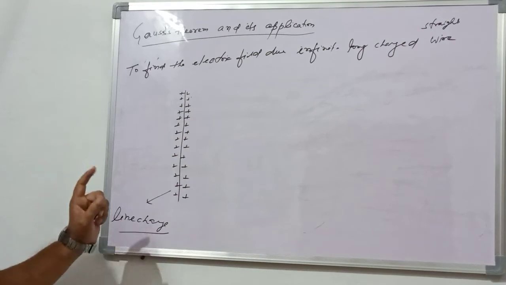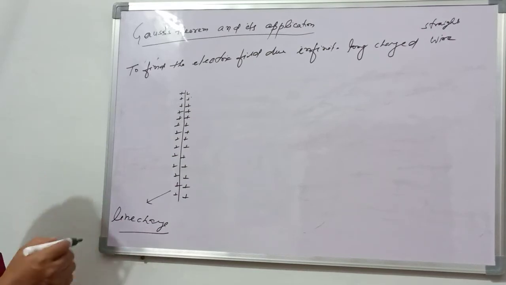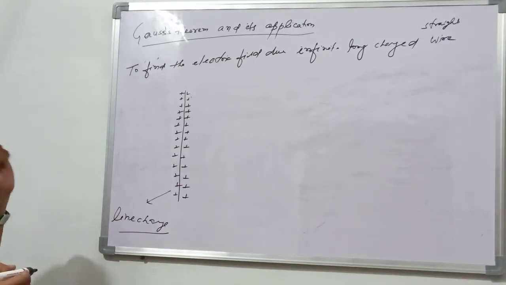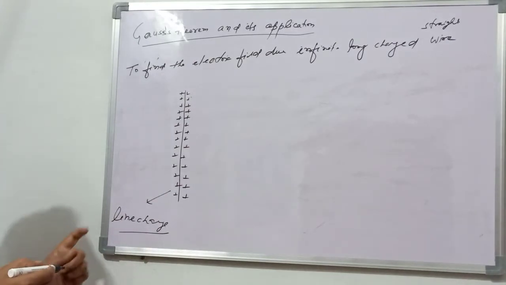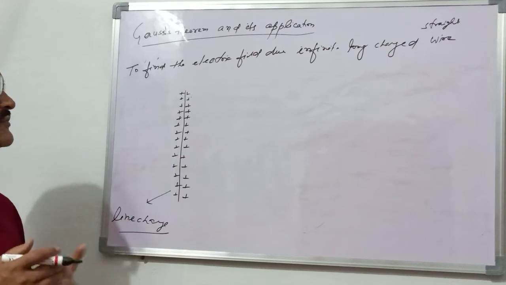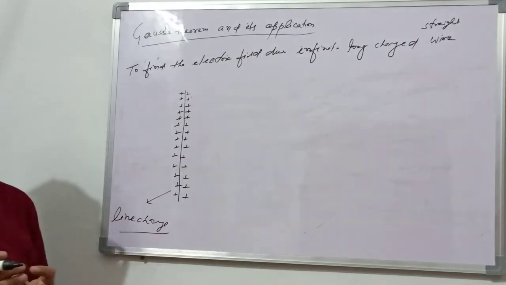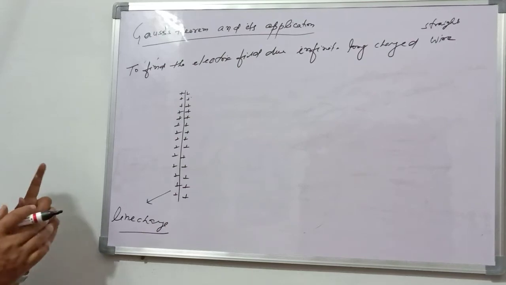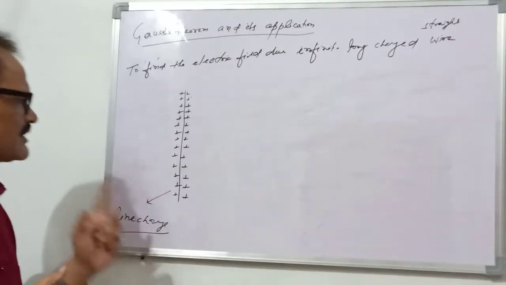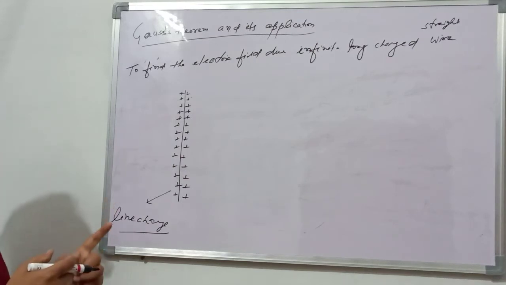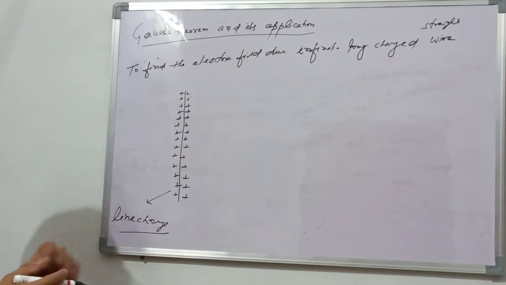Now there is a question: how to apply Gauss's theorem to solve a problem? To solve a problem using Gauss's theorem, first you have to consider a Gaussian surface. You are free to choose a Gaussian surface, but it is easy to take the Gaussian surface which is symmetrical.